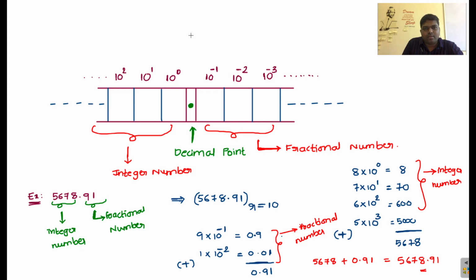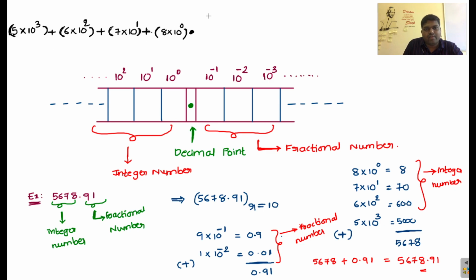I am writing here. So this is your decimal point. Here, 8 into 10 power 0 plus 7 into 10 power 1 plus 6 into 10 power 2 plus 5 into 10 power 3. This is completely the integer part.